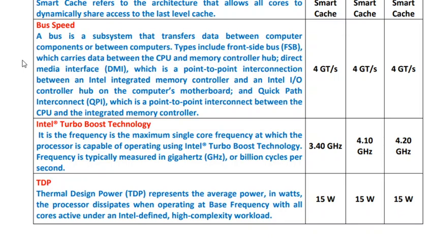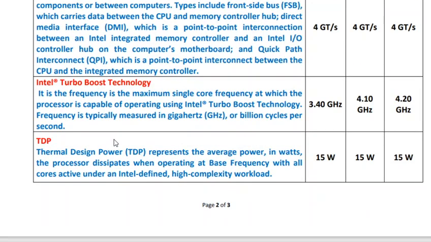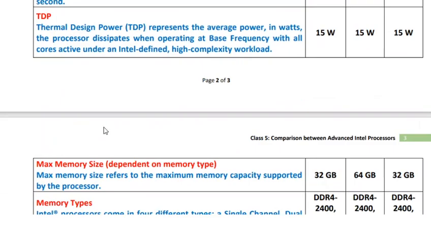Now TDP, that is thermal design power, or the amount of power dissipated whenever the processor is operating at base frequency. TDP for i3 8th generation is 15 watts, for i5 8th generation is 15 watts, and likewise for i7 8th generation it is 15 watts.